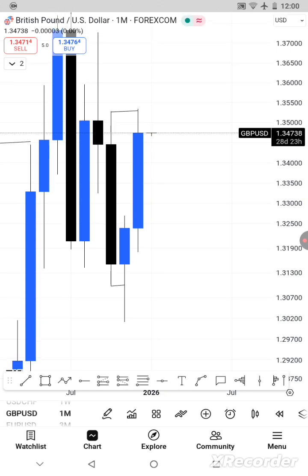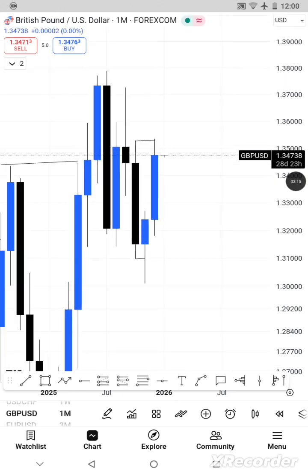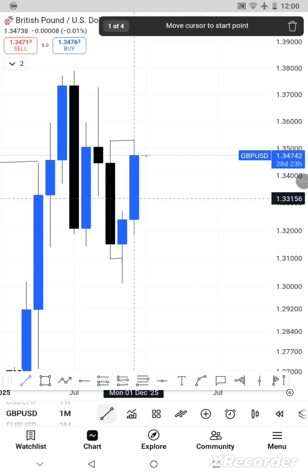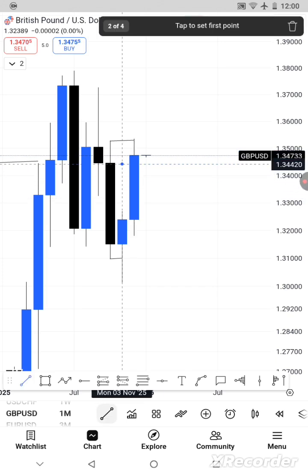On the monthly time frame now, we can see a very strong key level that the market will react from.